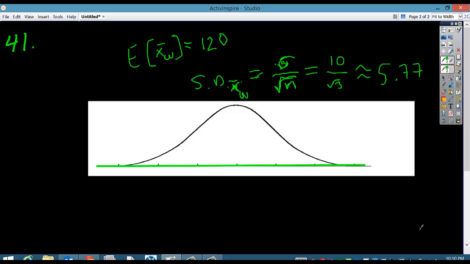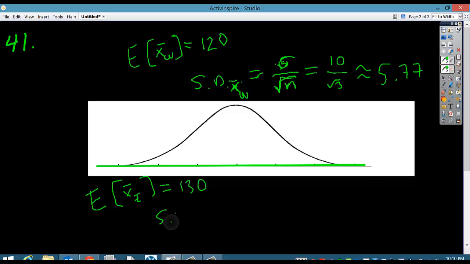We already found the expected value and the standard deviation for our sample mean of 3 West Staters. We've got to do the same for the East Staters. Expected value of our sample mean for the East Staters, of course, is going to be 130.